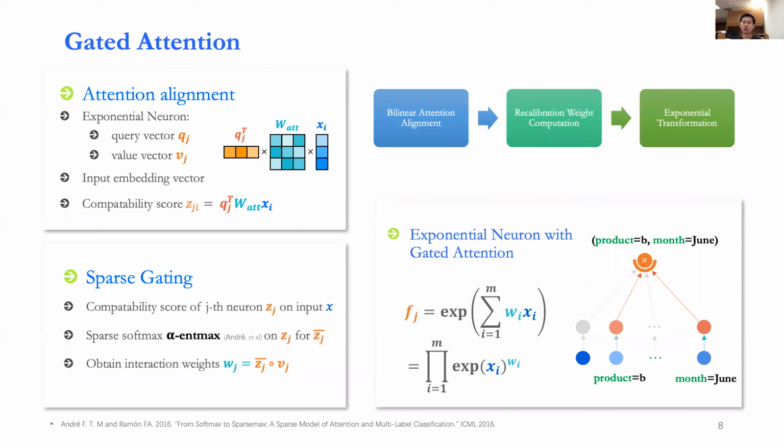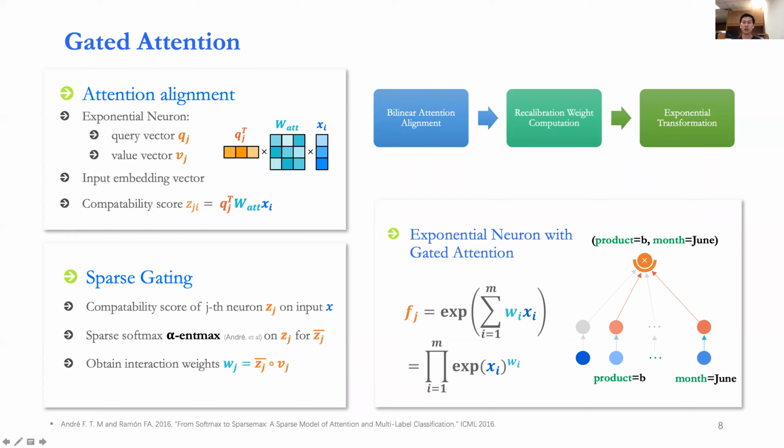So with the exponential neuron, we are now able to capture cross features explicitly. The next question is then, how can we selectively and dynamically determine the interaction weights conditioned on the input? To achieve this, we further propose the gated attention mechanism. The gated attention mechanism consists of 3 steps.